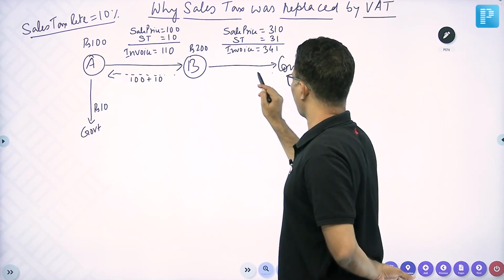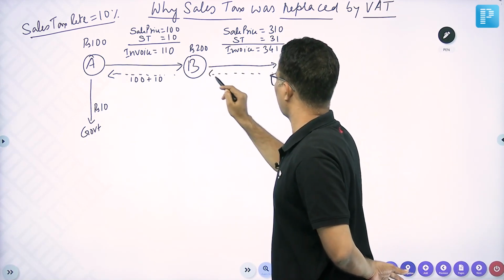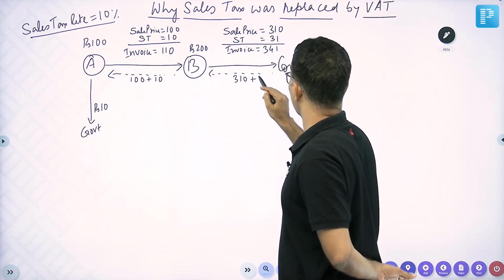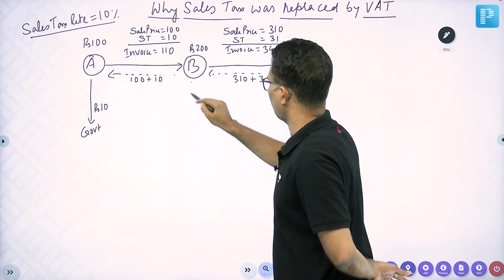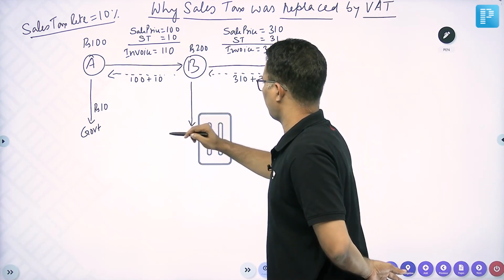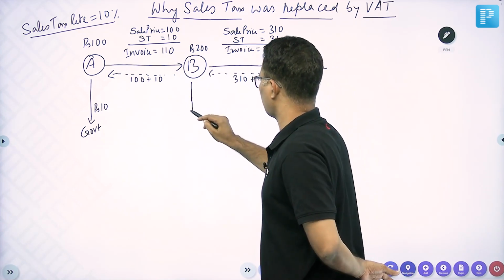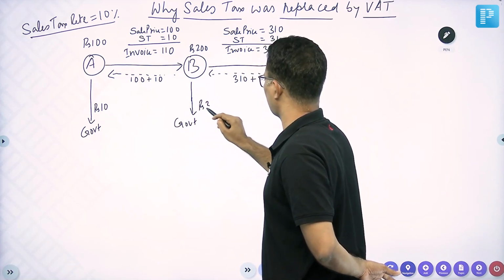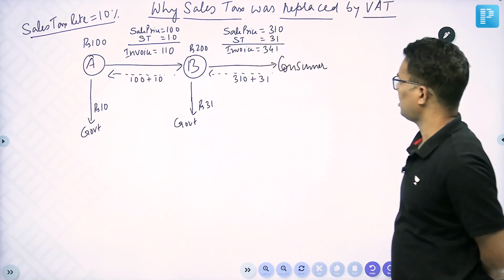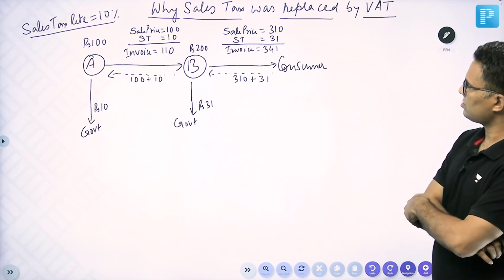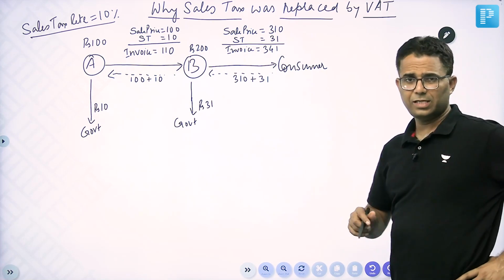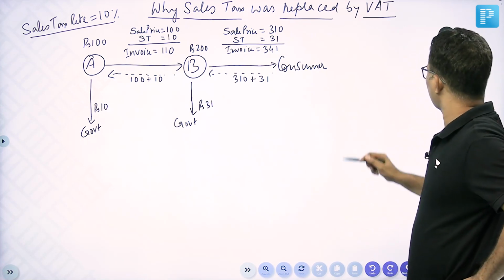So the consumer will pay 310 plus 31, and B will deposit to the government rupees 31, right?